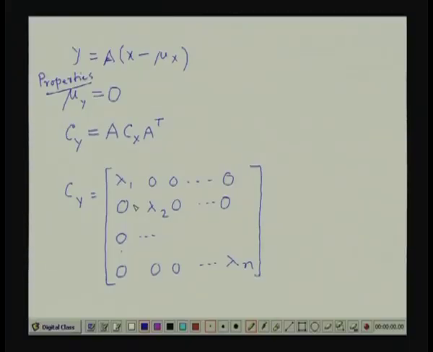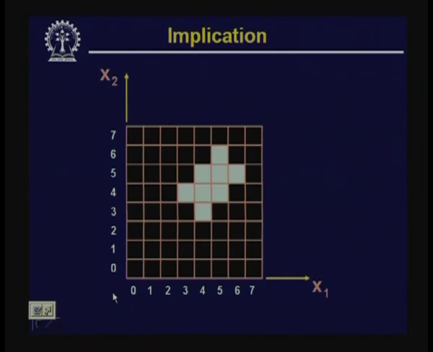Now, let us see what is the implication of this. To see the implication of these observations, let us come to the following figure. In this figure, we have a two-dimensional binary image. Here we assume that all the pixel locations which are white, there an object element is present, and wherever the pixel value is 0, there is no object element present.